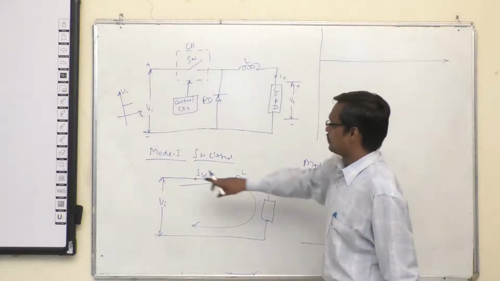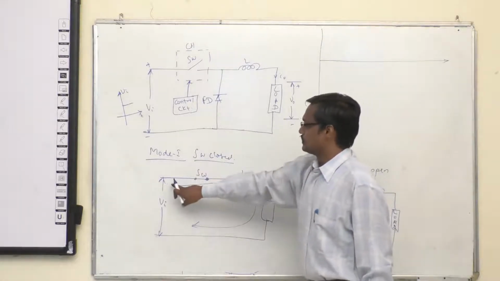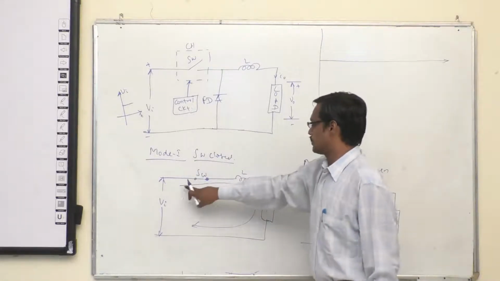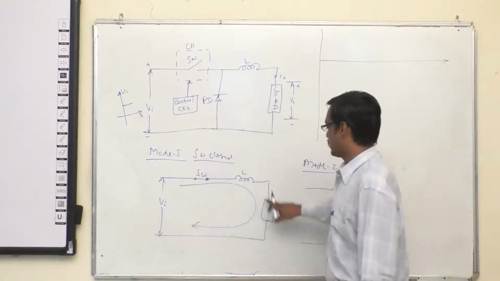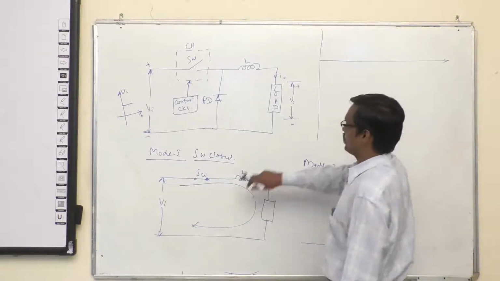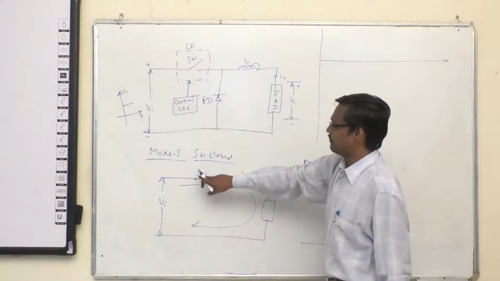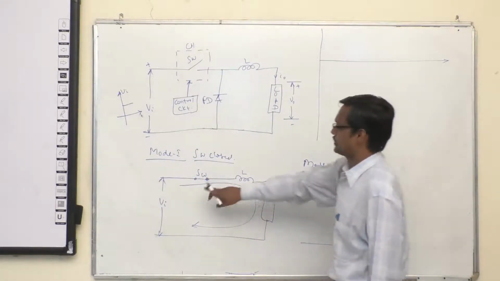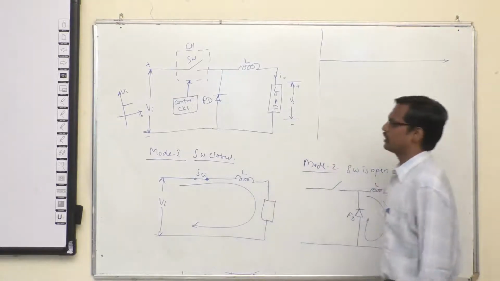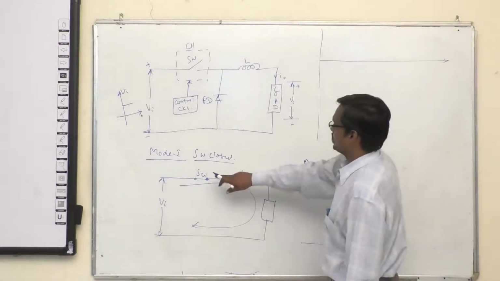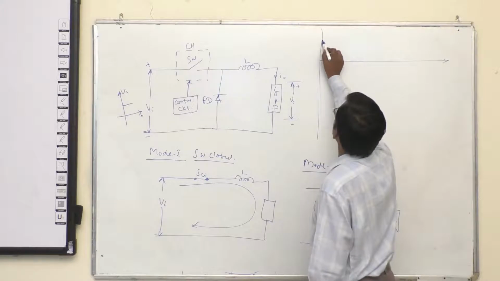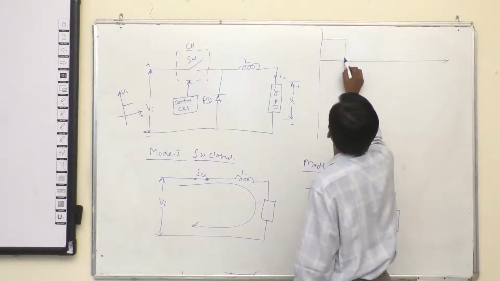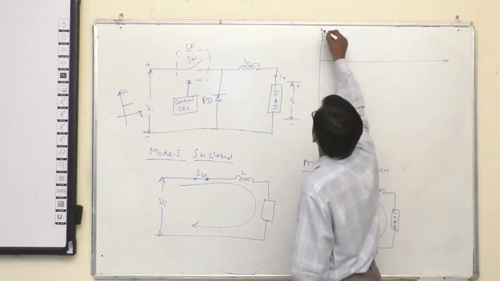See here, during mode 1, the switch is closed. Whatever the input voltage, the same is applied to the load. In the ideal condition, the drop across the switch is 0, so the entire voltage is applied to the load. So during this on period, the output voltage is equal to the input voltage.